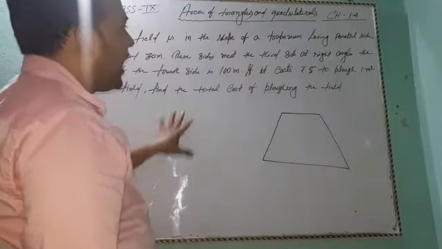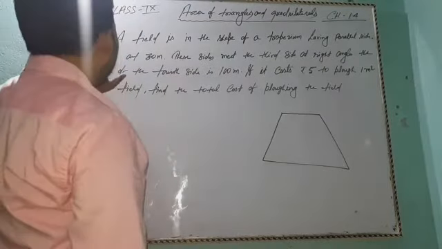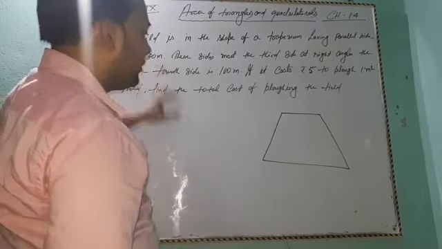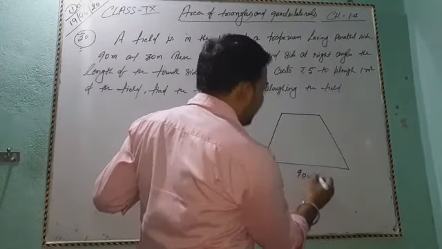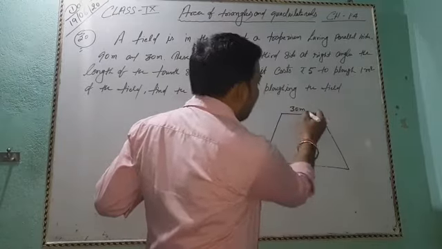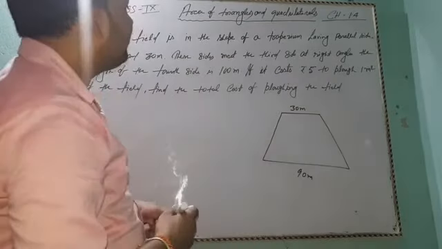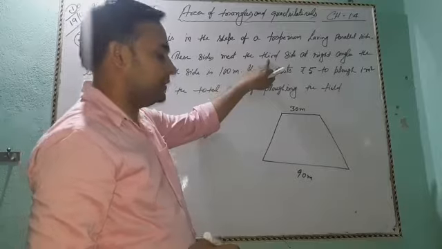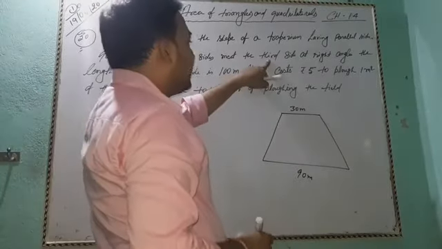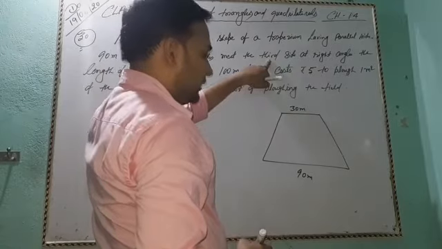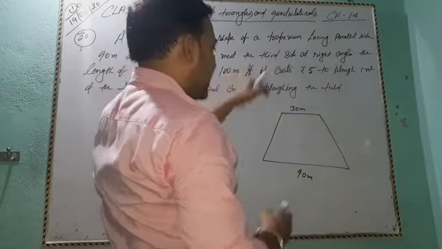Having parallel sides 90 meter and 30 meter. These sides meet the third side at right angles.